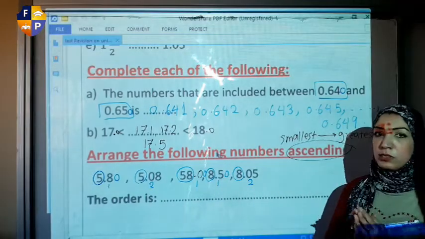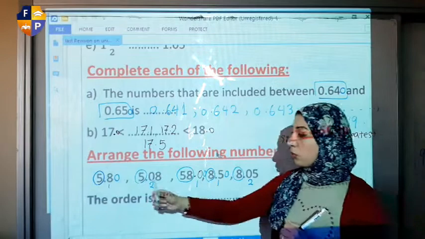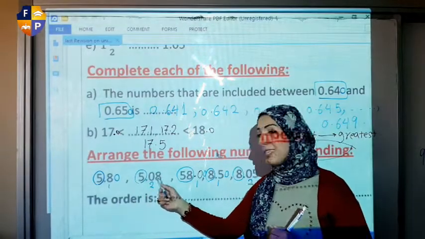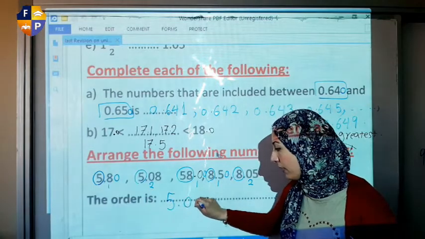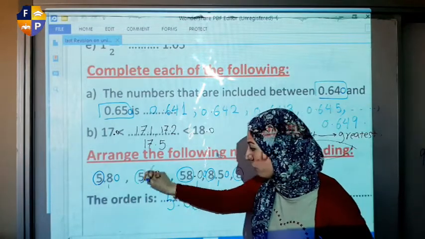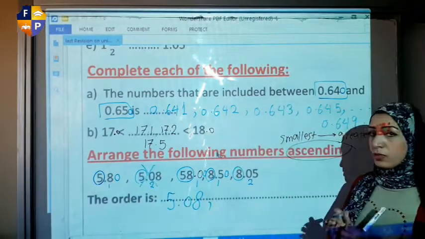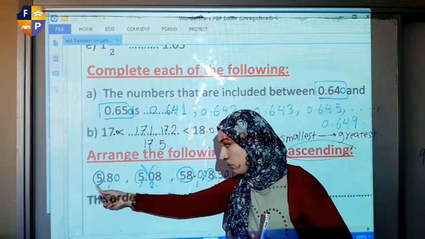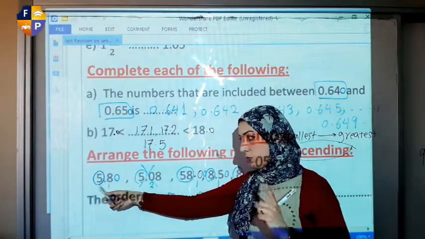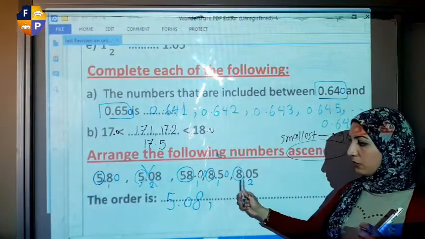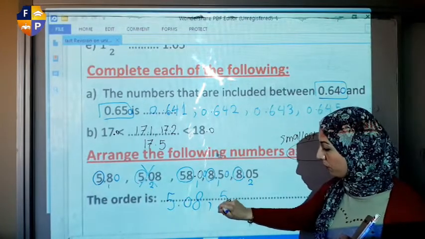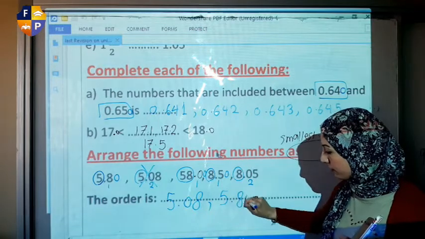So the smallest is 5.80 or 5.08, for sure 5.08. Cross 5.08. Next one, we have 5. First, we look at whole number: 5, 58, 8, 8. So the smallest, 5.80.